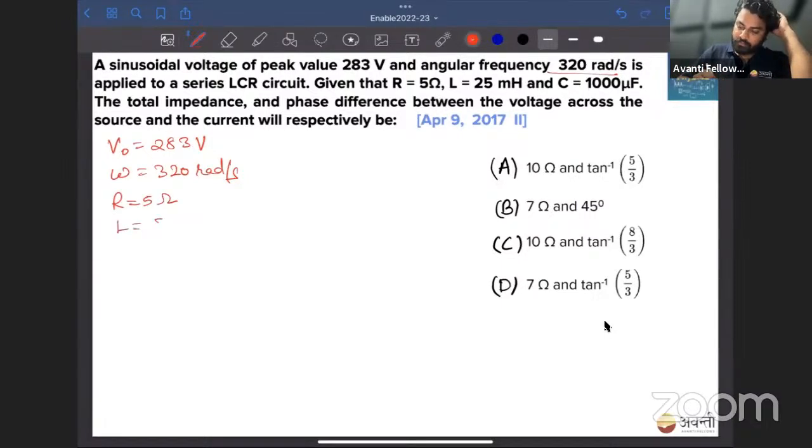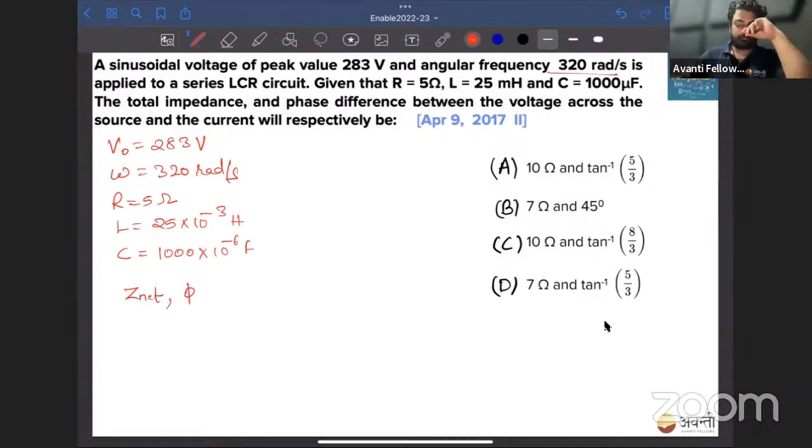L is given as 25 millihenry, meaning 25 into 10 to the power minus 3 Henry. Then capacitor is given as 1000 microfarad, meaning 1000 into 10 to the power minus 6 farad. We have to find the total impedance Z, and we have to find the phase difference, that is phi.